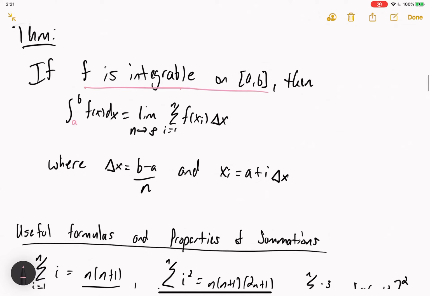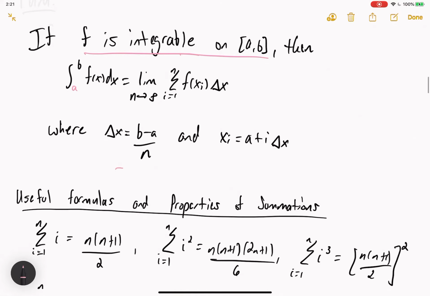Basically all this is saying is approximating rectangles, we're doing Riemann sums. We're doing rectangles where the heights are going to be f of x_i, where the x_i are the right endpoints. So our delta x will equal (b minus a) divided by n, and our x_i will equal a plus i delta x. And again, that's just how you define Riemann sums.